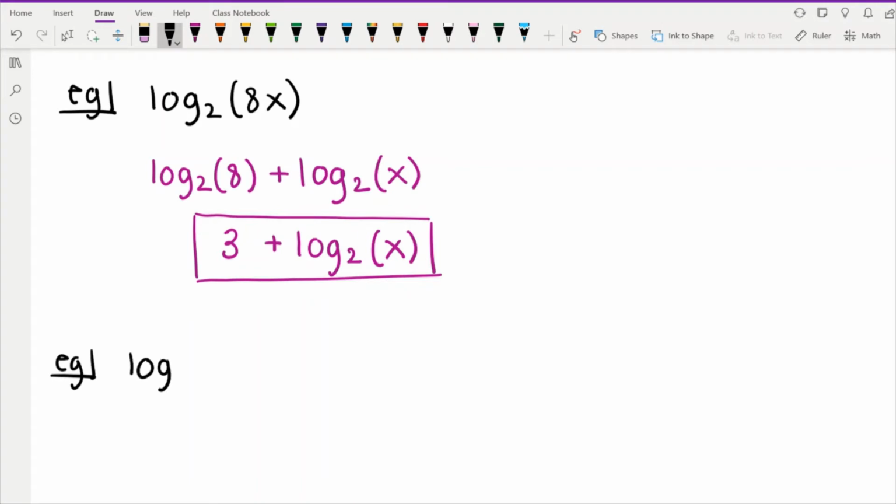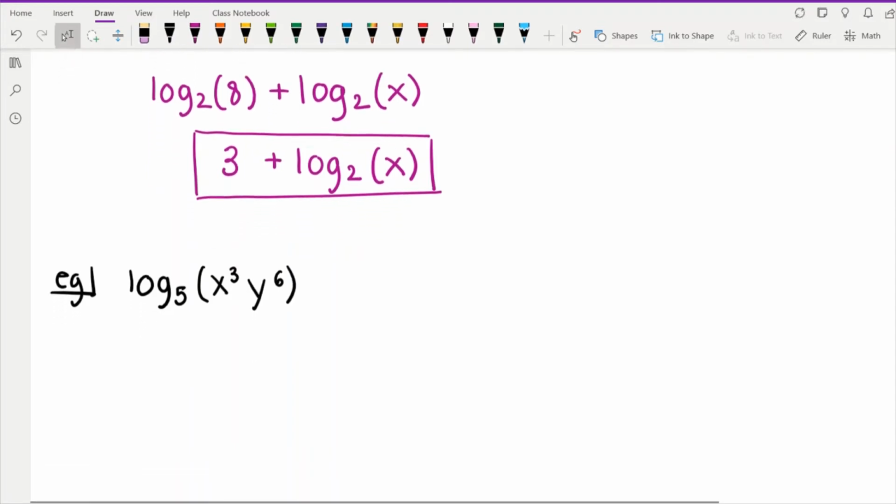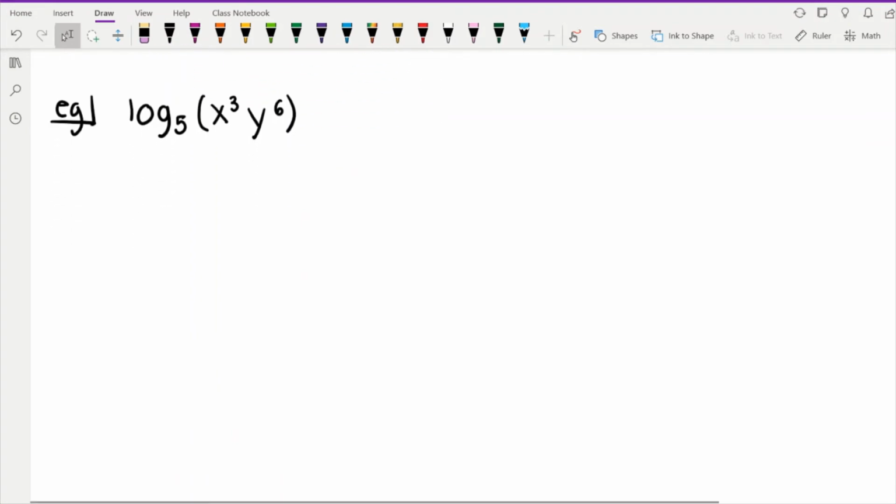Let's say we're doing log base 5 of x cubed times y to the 6th. What we'll see in a lot of these examples is that we're going to be using multiple of those different logarithm rules, and I think the main challenge is just figuring out what to do first.